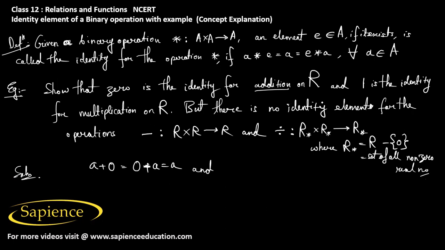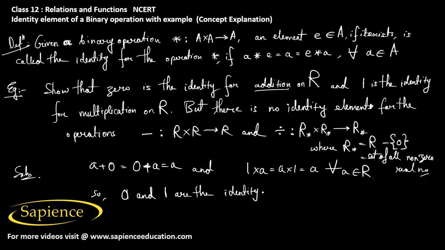And for multiplication also, 1 is the identity element, since 1 into a is equal to a into 1, which is equal to a, for all a belongs to R. So it means that 0 and 1 are the identity elements for the operations addition and multiplication on the set R respectively.